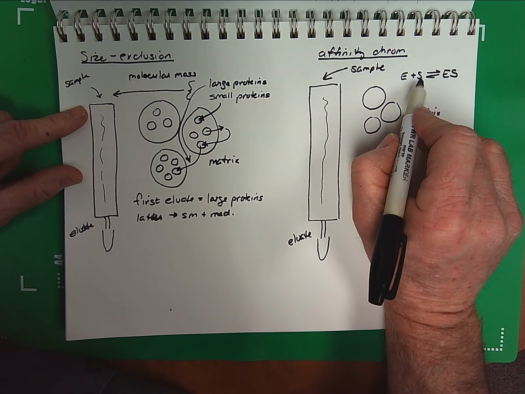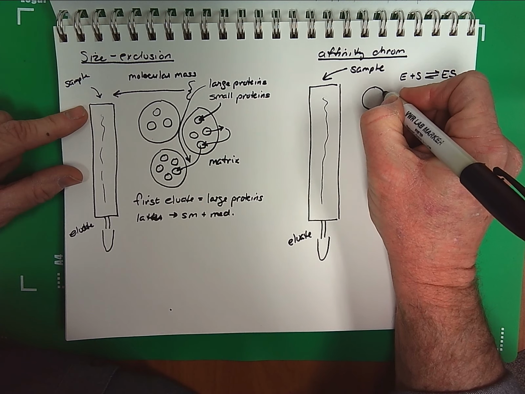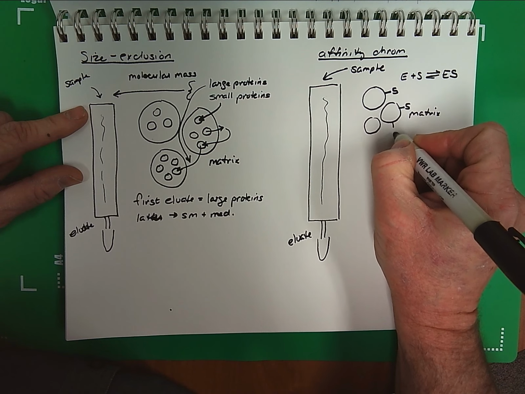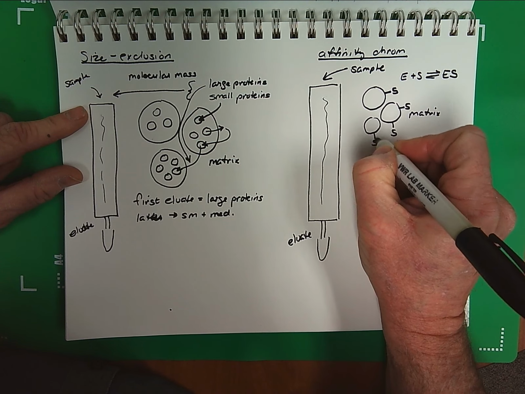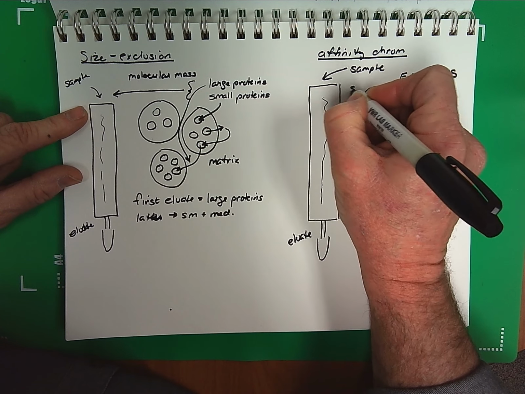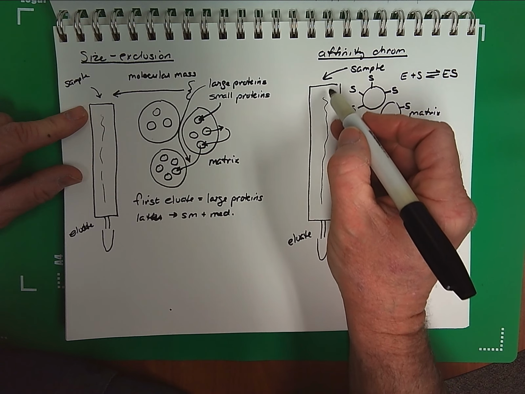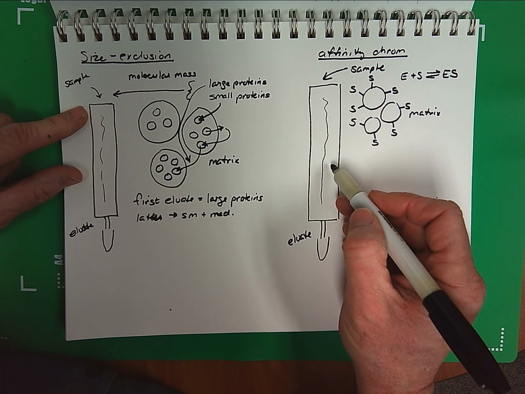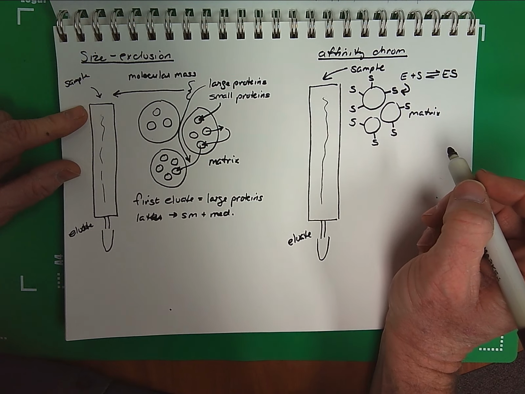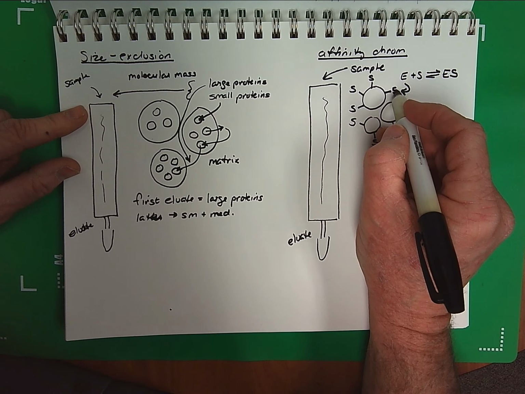So if we know the substrate of our enzyme, we can take this substrate and covalently attach it to the beads. So with the substrate loaded on all of these beads, being the matrix, as the enzyme is passing through, it is going to bind specifically to the substrate because it has a high affinity.